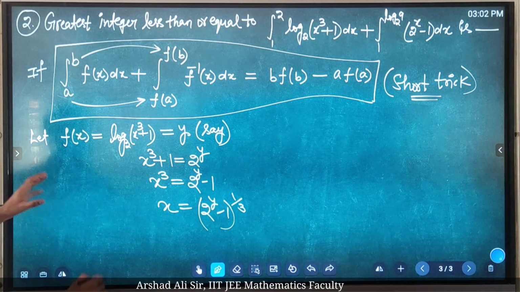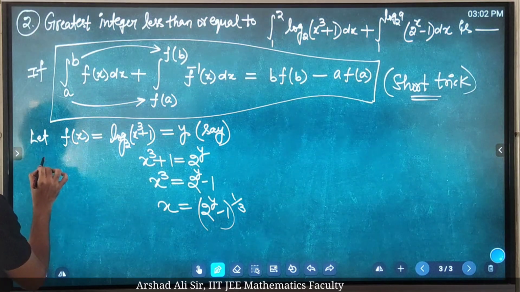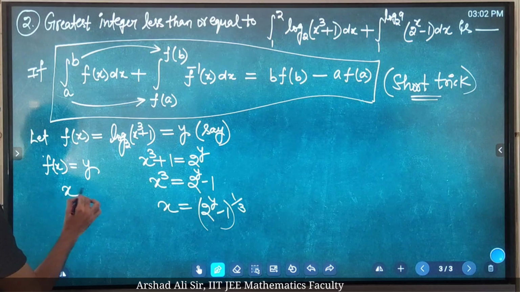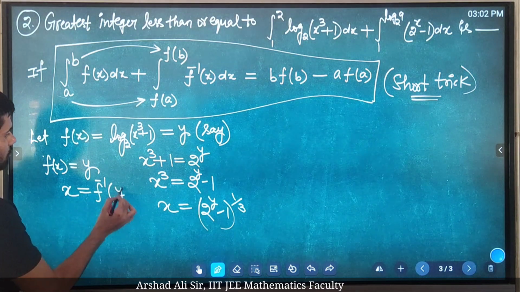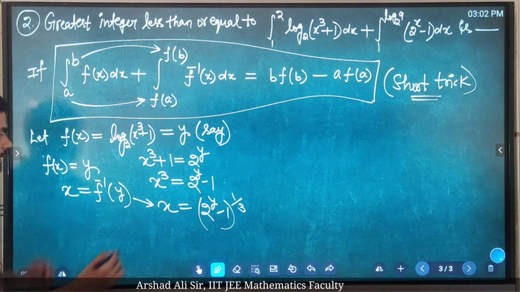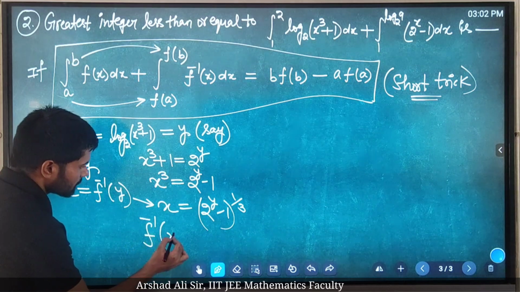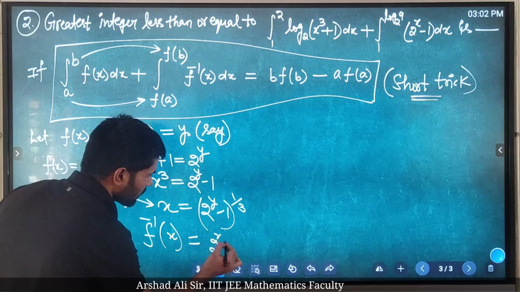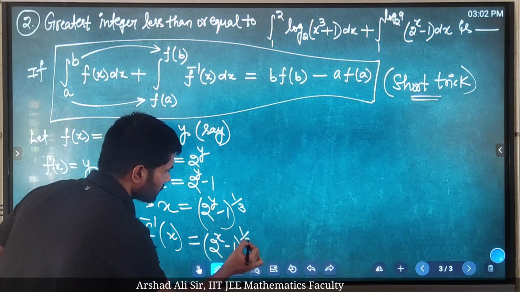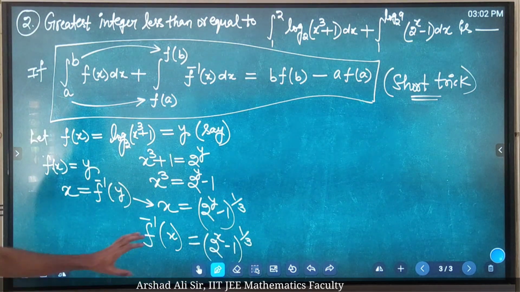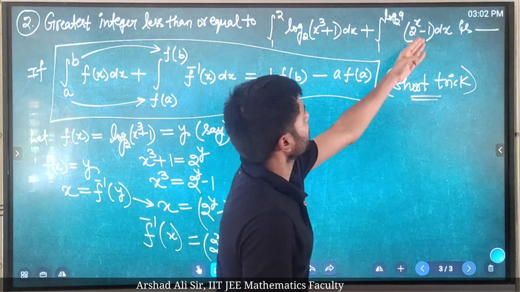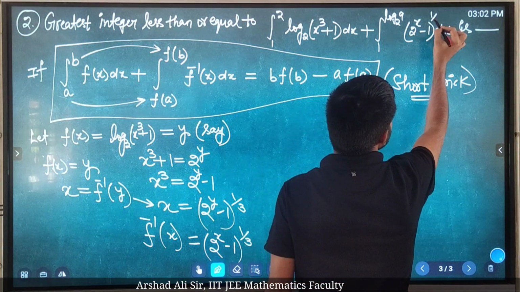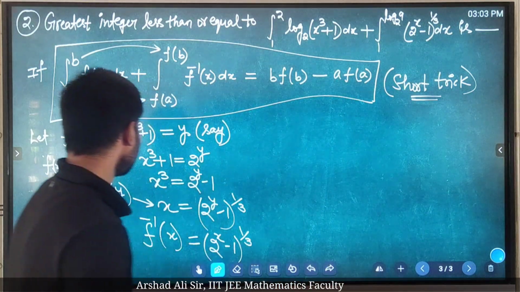Since f of x is equal to y, x is nothing but f inverse of y. So we got f inverse of y, but we have to find f inverse of x. No problem, on both sides we can put x, so it is (2 to the power x minus 1) whole power 1 by 3, which matches the given integrand.